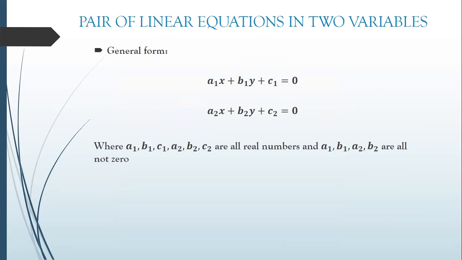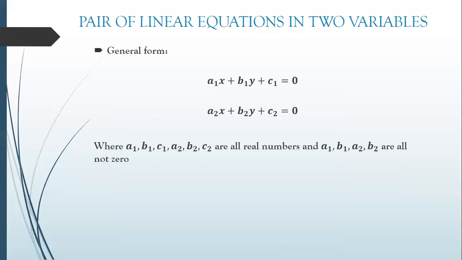Okay. Now let us see pair of linear equations in two variables. The general form is a1x plus b1y plus c1 equal to 0 and a2x plus b2y plus c2 equal to 0, where a1, b1, c1, a2, b2, c2 are all real numbers and a1, b1, a2, b2 should not be 0.